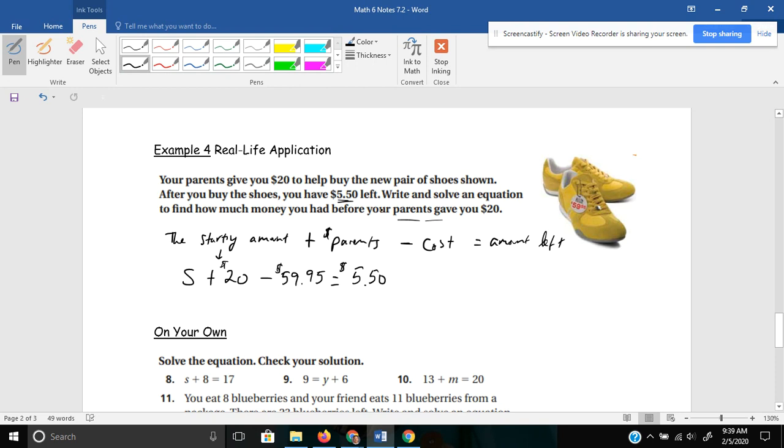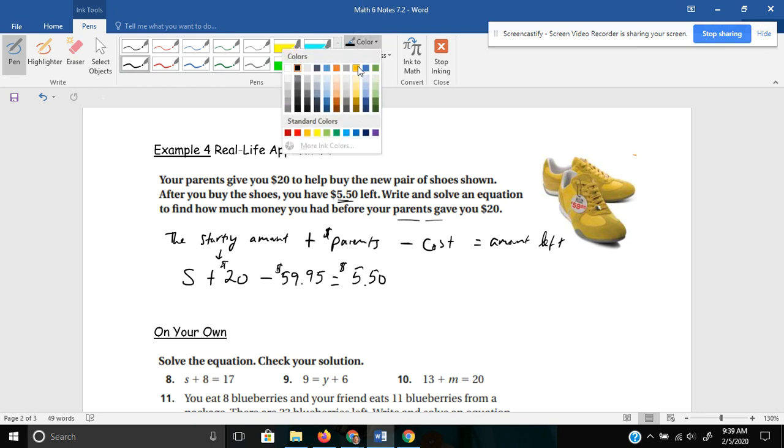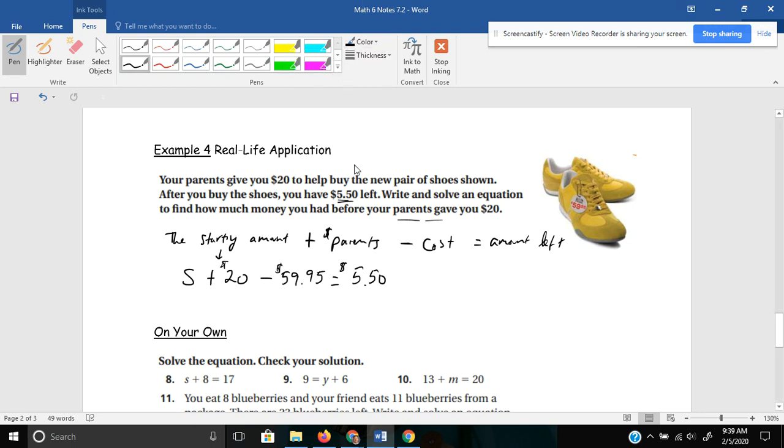All right, so now you'll see in this problem that we actually have two things that are being done to S. I need to ask myself that question, what's being done to my variable and how do I undo it? Well, on my left-hand side, it's being added by 20 and it's being subtracted by $59.95. So we need to undo both of these to get S all alone.